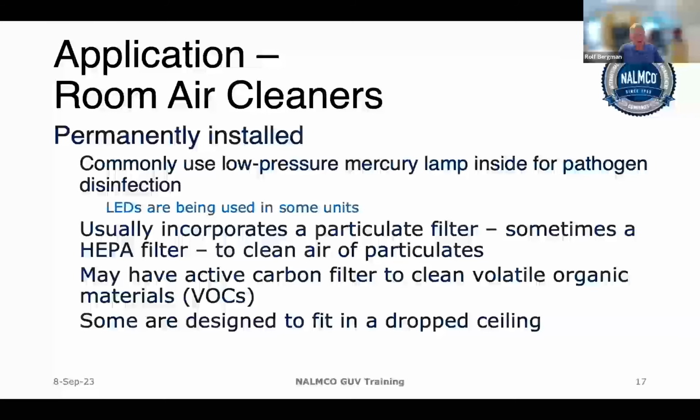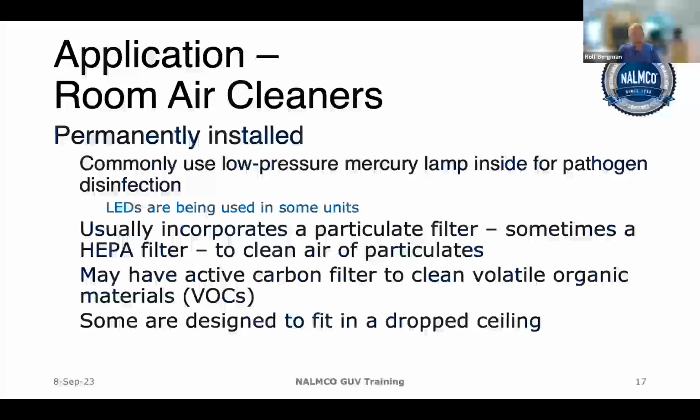For that, you need an active carbon filter, which can be incorporated in the room air cleaner, but often is not. And so one that involves both a HEPA filter, a carbon filter, and a UV lamp provides the ultimate room air cleaning capability, because it removes the pathogens that are in the room, viruses, for example, COVID.